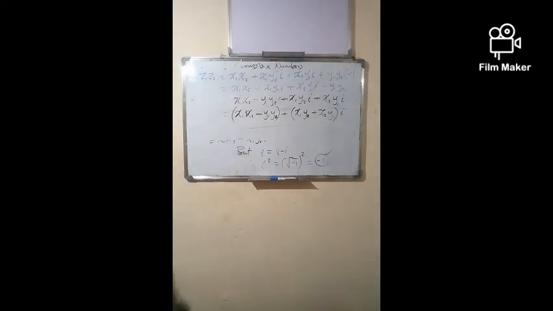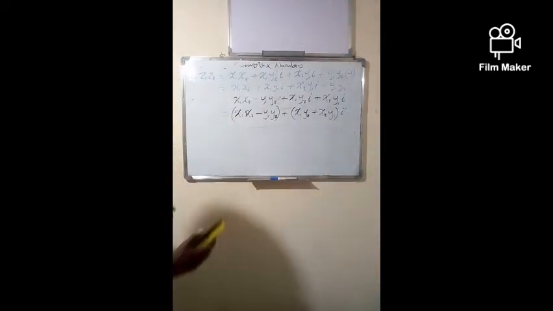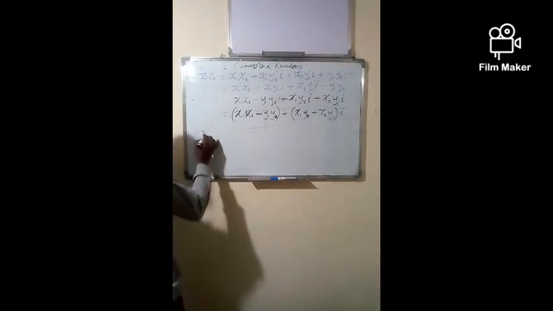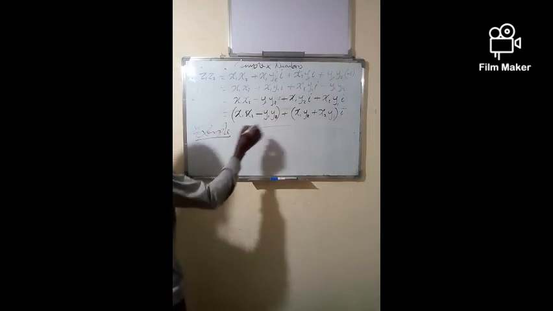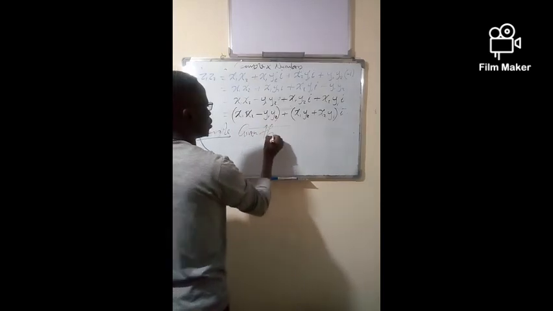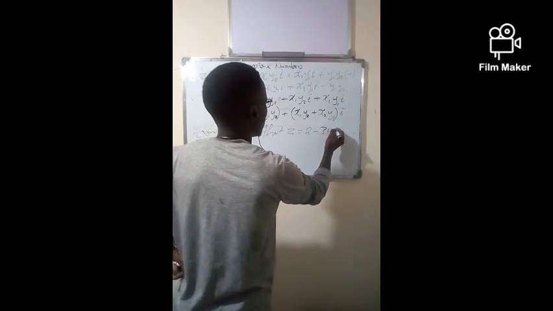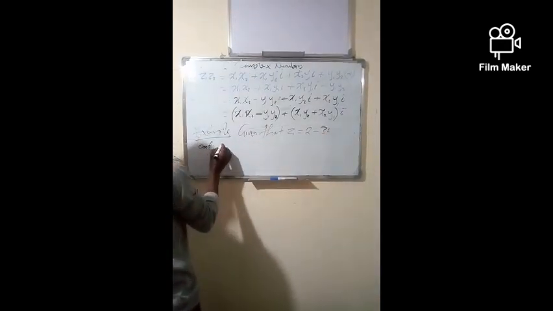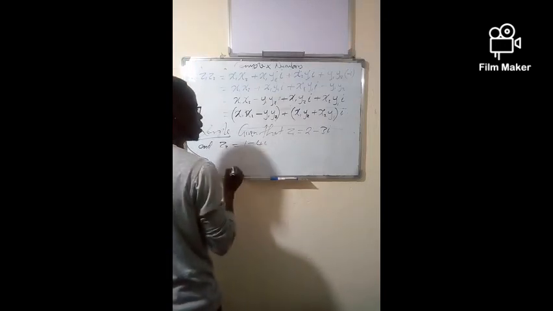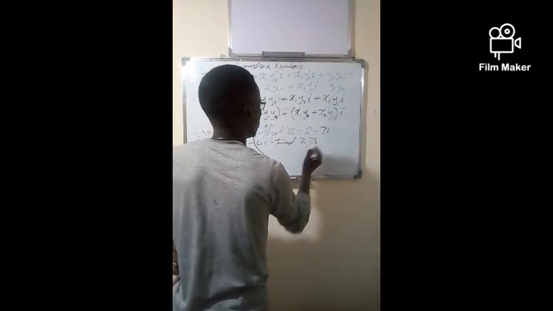Now let's look at an example very quickly. So multiplication of complex numbers is very simple. Okay, an example. We say that given that z1 is equal to, let's say, 2 minus 3i, and z2 is equal to 1 minus 4i. Okay, find z1z2.